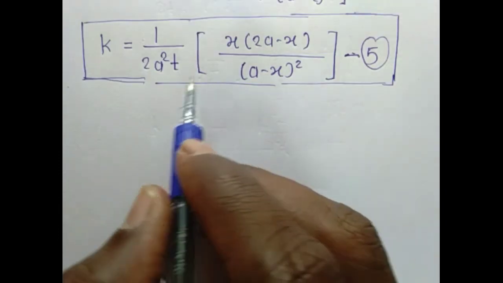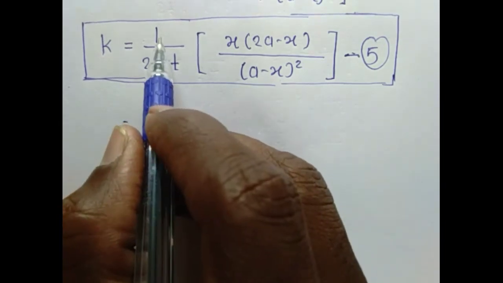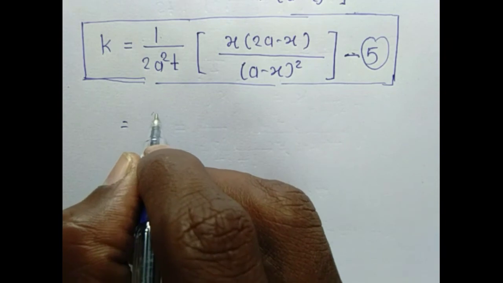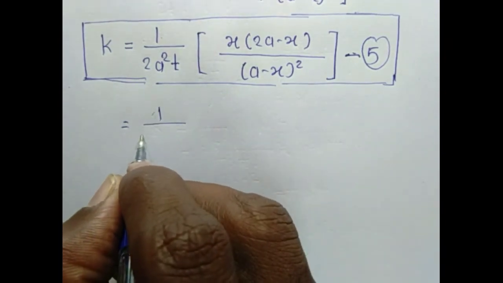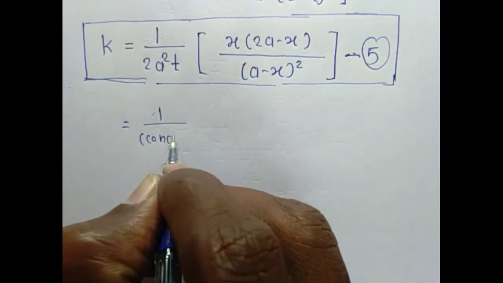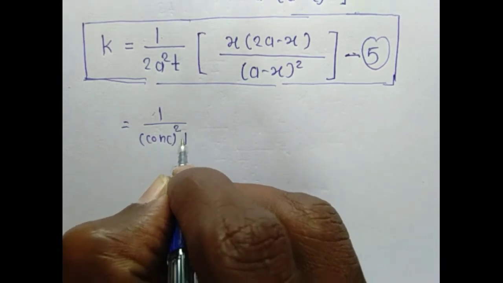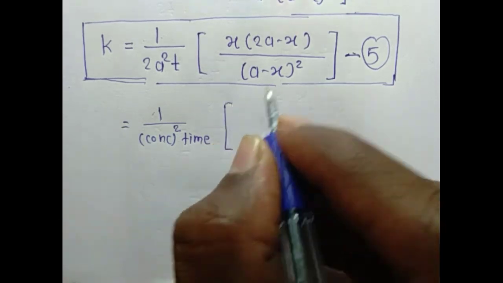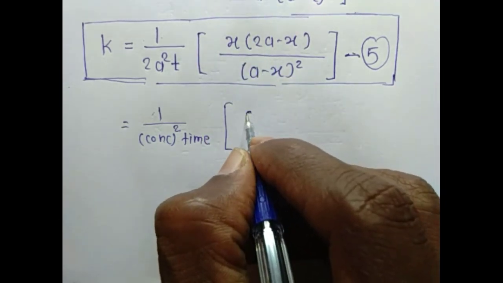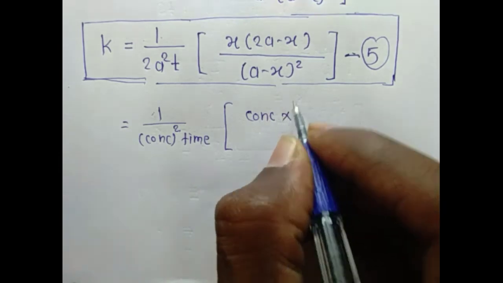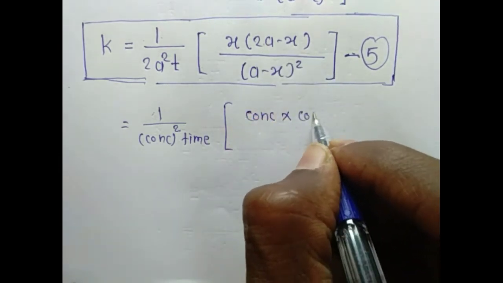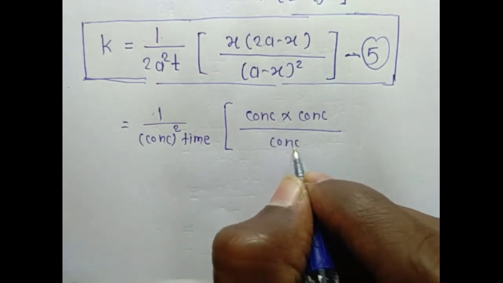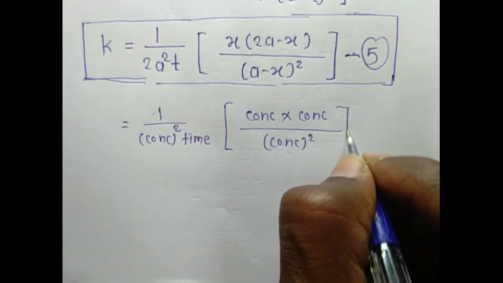For third order reaction it is 1 upon 2a square. A means mole, means concentration, so 1 upon concentration square into t, which means time, into bracket x, which means concentration, into 2a minus x, also concentration, upon concentration bracket square.